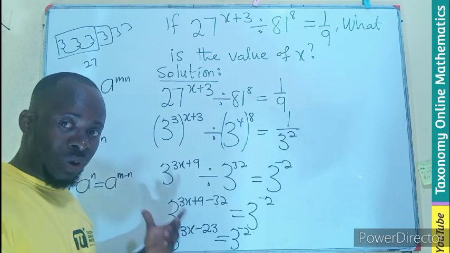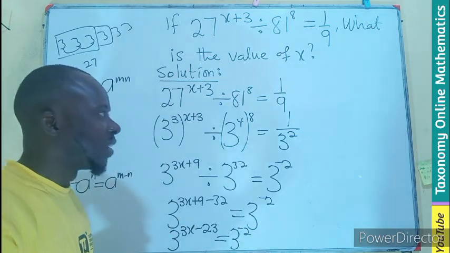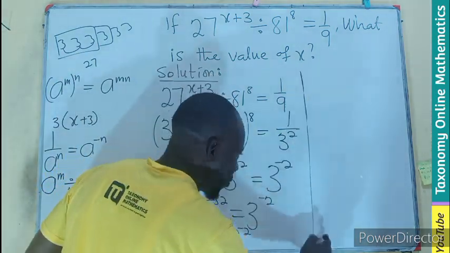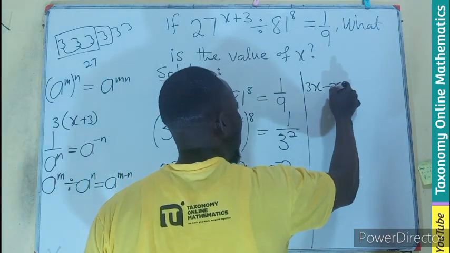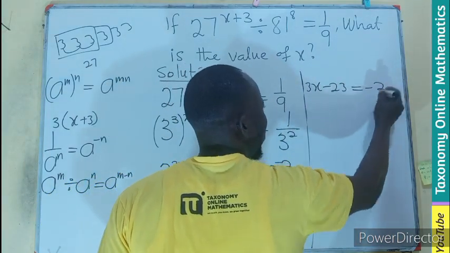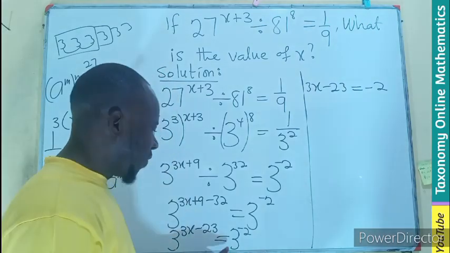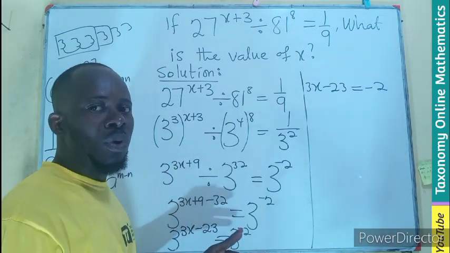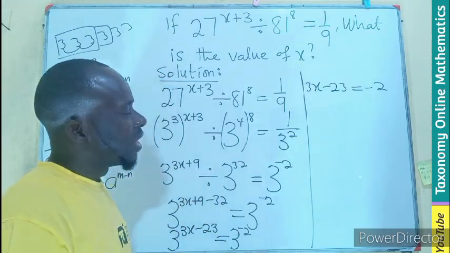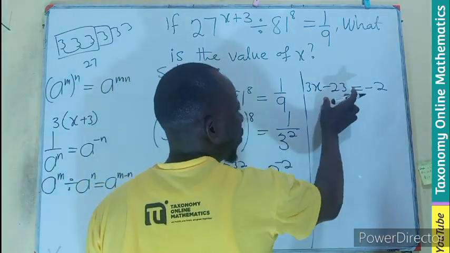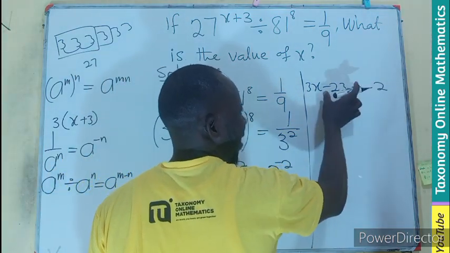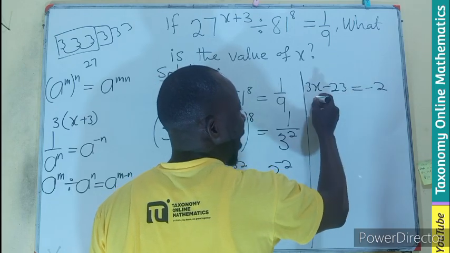It's an equal sign, so the left must equal the right. That can be written as 3x minus 23 is the same as minus 2. We have equal base, equal exponent to make it the equal sign definition. So what do we do next? We are going to send this one there, as in adding 23 to both sides.